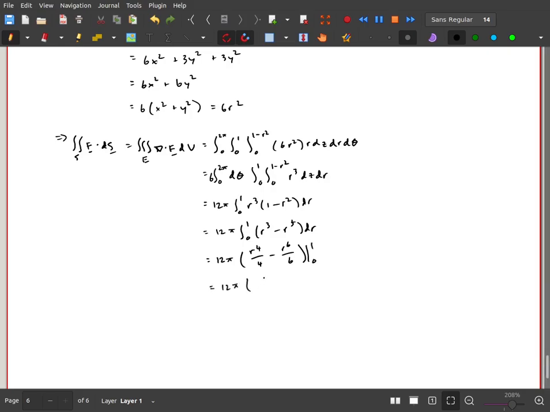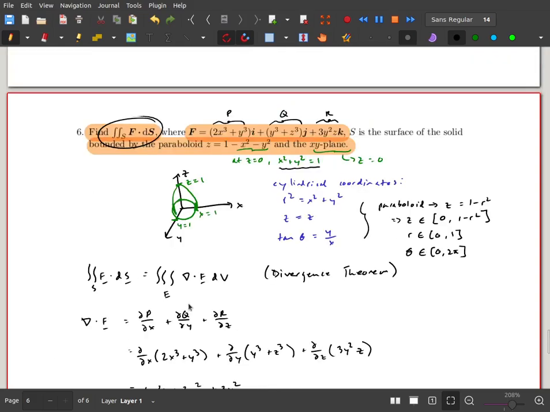That's 12 pi times 1 over 4 minus 1 over 6. So I'll bring the 12 in. That means pi times 3 minus 2, so that will just be pi. So that's our surface integral calculated using the divergence theorem. Much simpler than trying to compute this using a surface integral with our vector field right there.